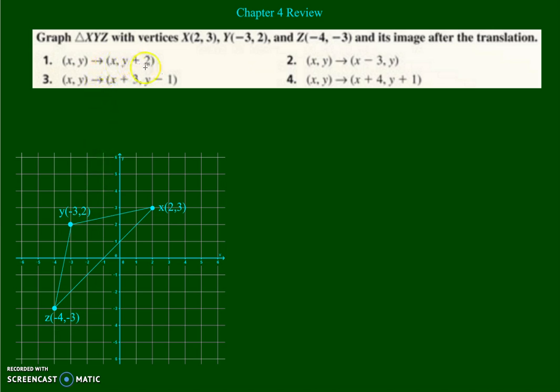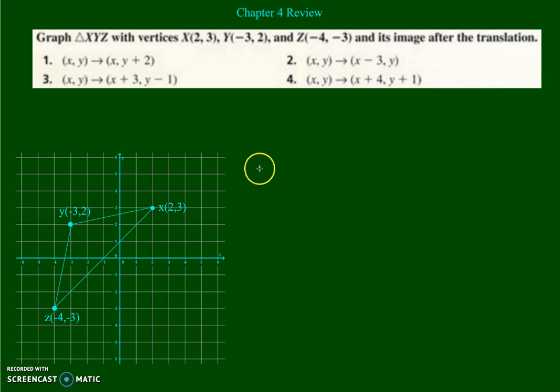So our translation is going to be (x, y + 2), which means the x doesn't change, and we add 2 to the y. So let's go ahead and do our points. Now I prefer to plot the points at the end and work the transformations first.